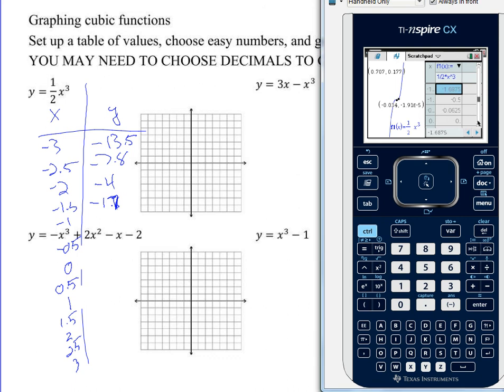So I scroll down a little bit. -1, I have -0.5. At -0.5 I have -0.06. What if your 0.5s and stuff are way too small? It's fine. You just want to copy this table down. So -0.06, and then at 0 I have 0. And then I keep going.